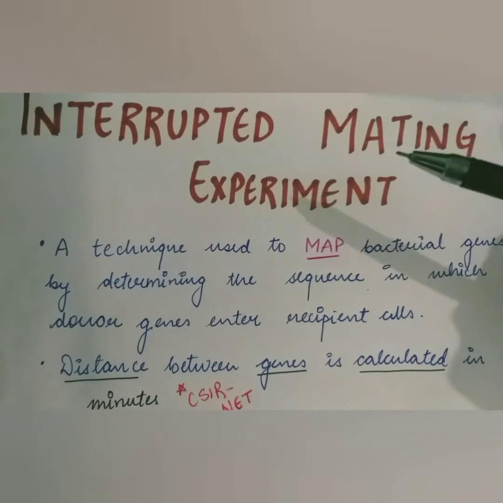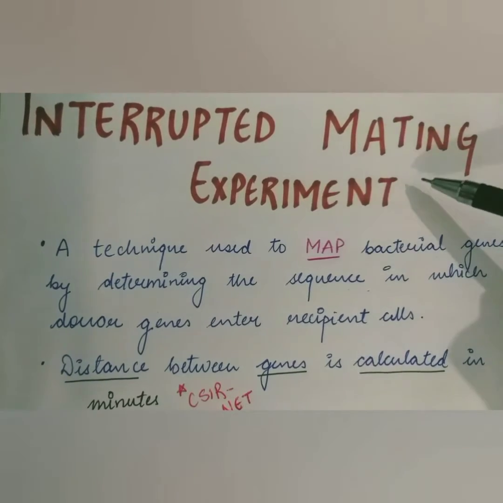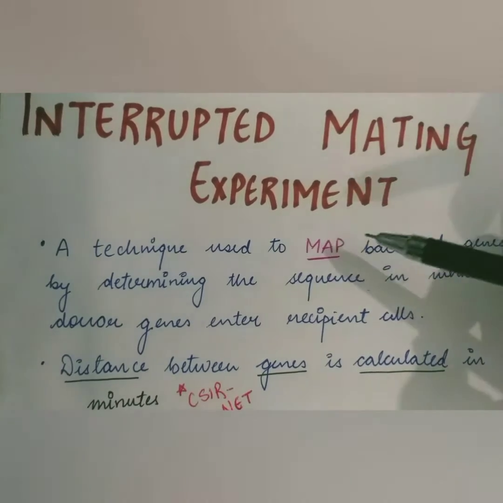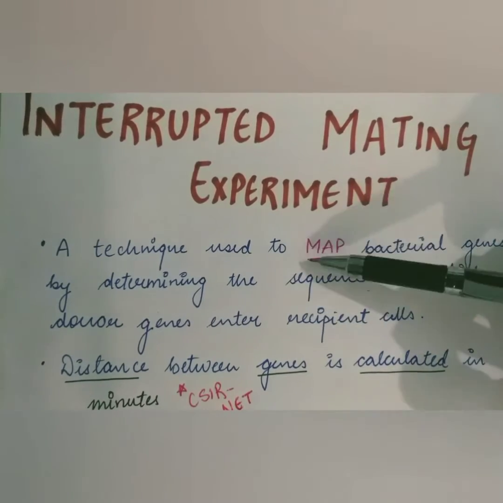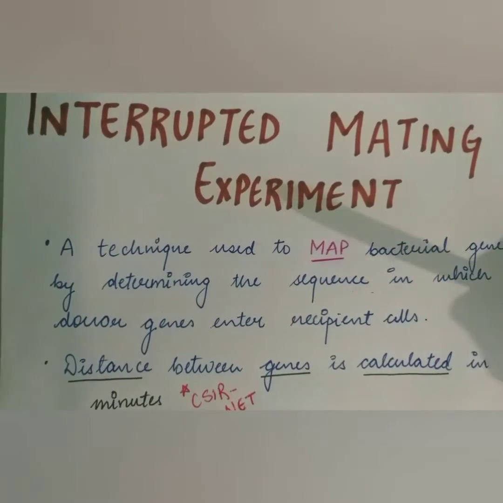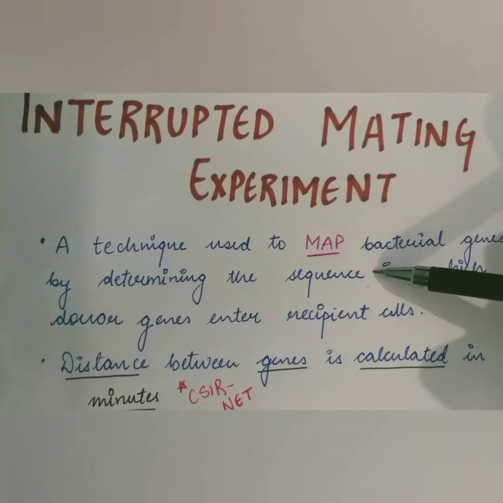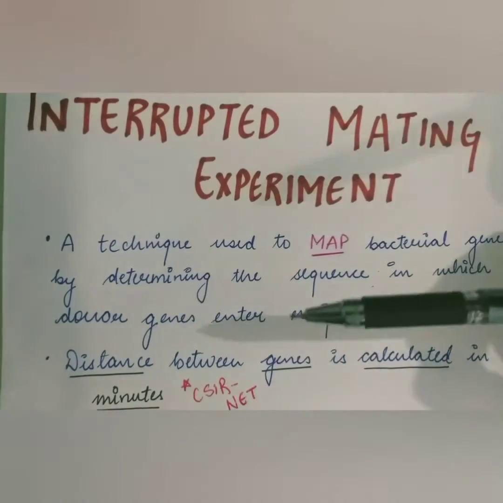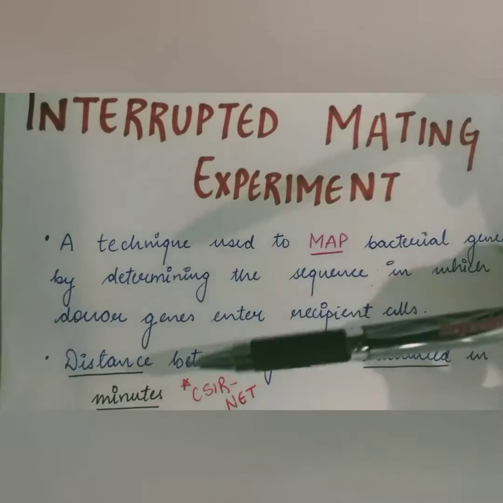So what we are doing in this experiment is mapping the bacterial genes to determine the sequence in which they have entered the recipient cells. And also, when we sequence something, we need to find the distance between them. So the distance between the genes is calculated in minutes.